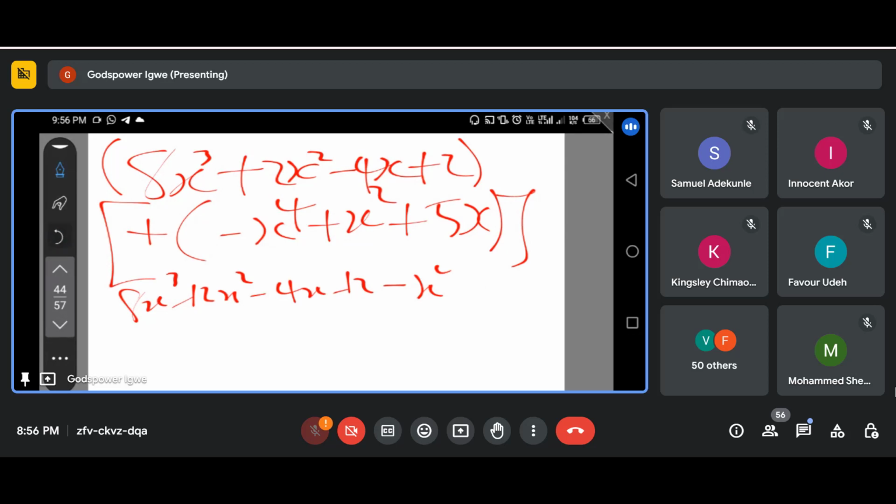Wait, it's not minus, it's plus that is outside. So plus times minus is minus, plus times plus x squared is also plus x squared. And plus times plus for 5x is also 5x.